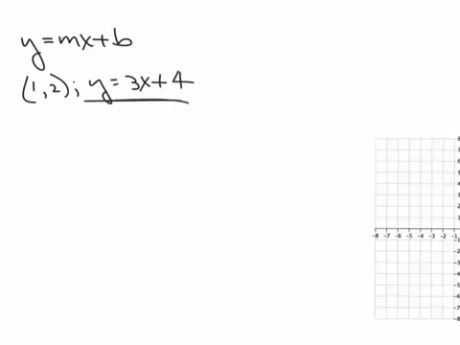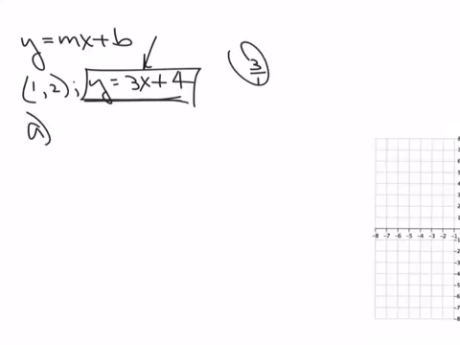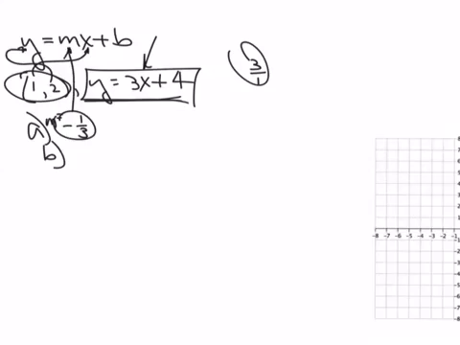So first of all, one part says they want you to come up with an equation that's perpendicular to this one. Well, this equation is in y = mx plus b form, so the 3 is the slope, or 3 over 1. If we're doing perpendicular, the perpendicular slope is 1/3 with a minus sign. So that's the slope of the new one. And then remember we took these two numbers, we put 1 in here and 2 in here, and the -1/3 in there, and we were able then to find our y-intercept, or our b.